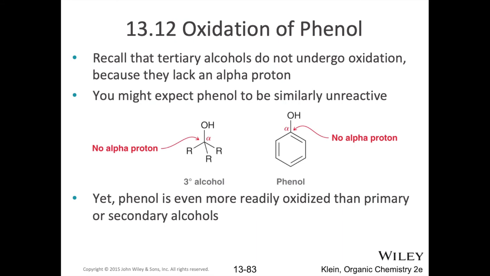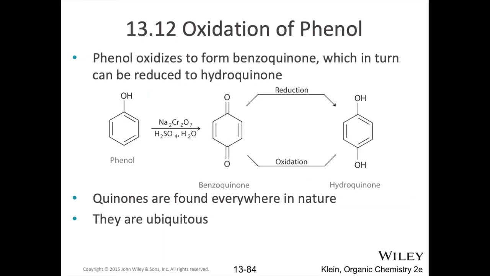You look at your alpha carbon, and there's no hydrogen there to pluck off to form a double bond between the carbon and the oxygen. However, it turns out that due to the benzylic position of that oxygen, you are able to oxidize this pretty readily, due to that allylic sort of system.